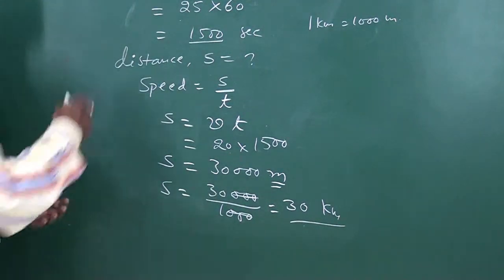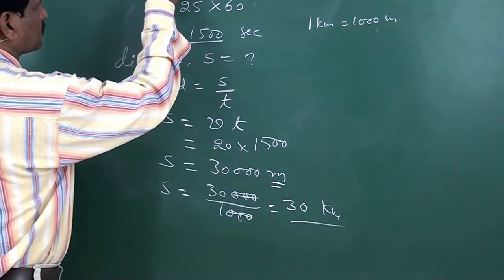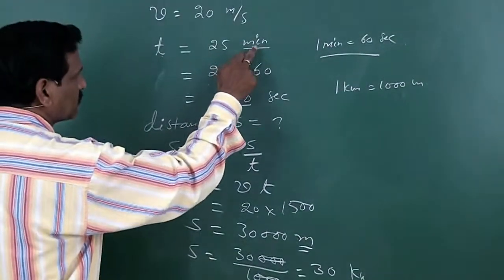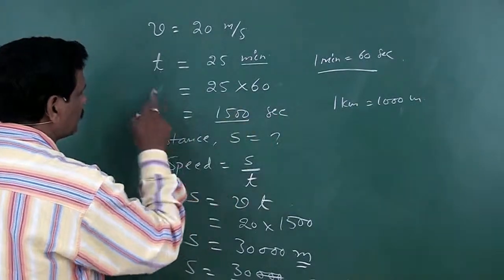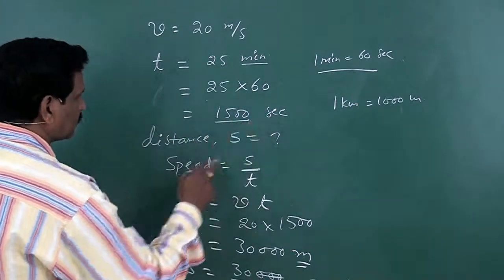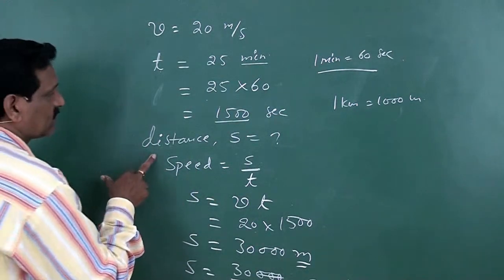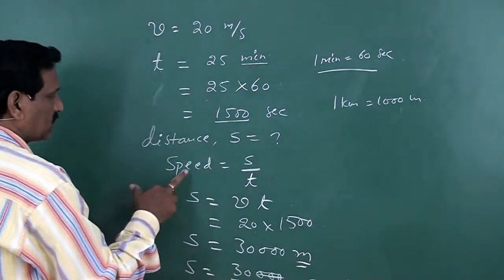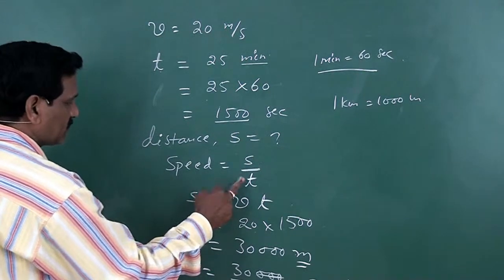So here the speed of the bus is given as 20 meter per second, and time taken is given as 25 minutes. These minutes are converted into seconds. Therefore, time is equal to 1500 seconds. We have to find the distance covered by the bus during this time. Speed is equal to S by T, from the definition.